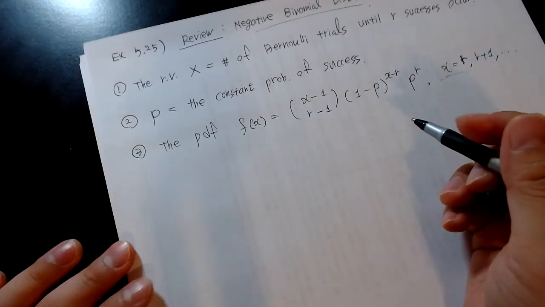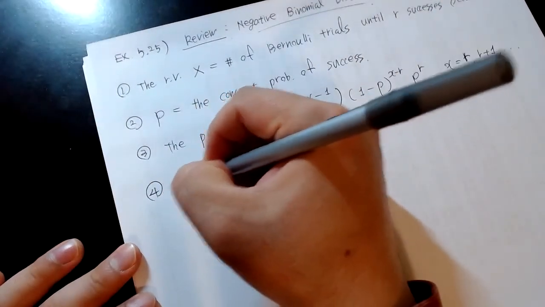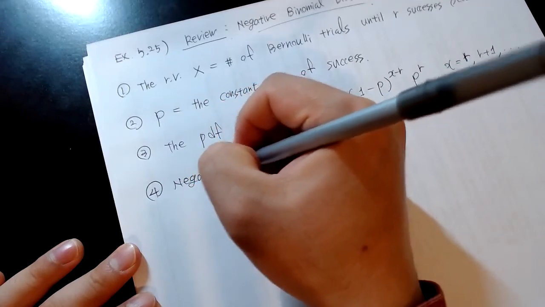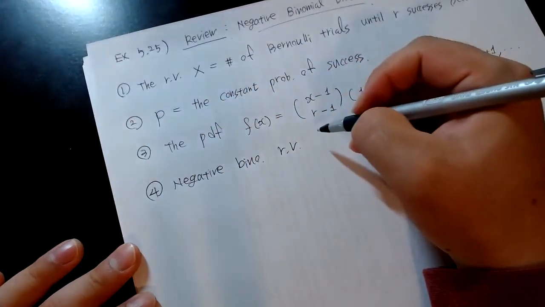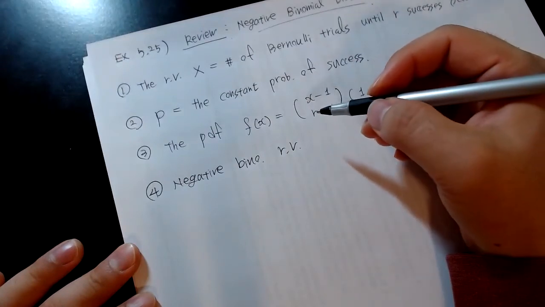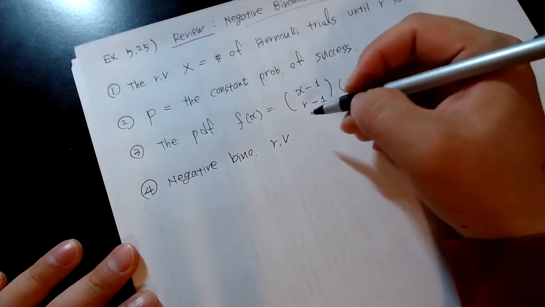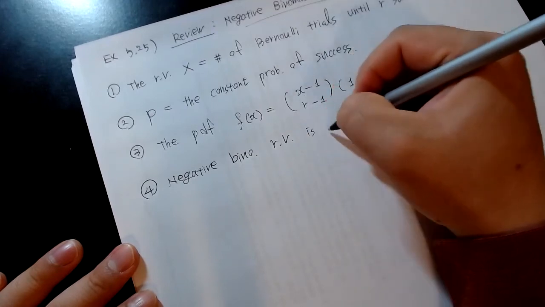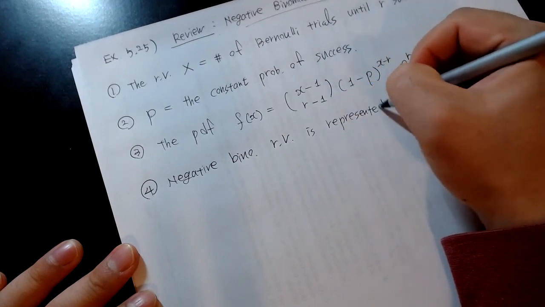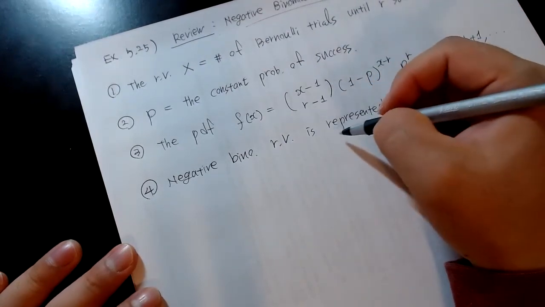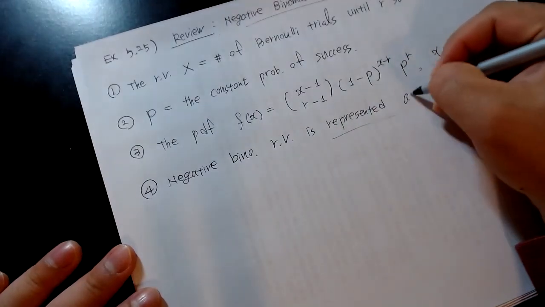Now the negative binomial random variable is represented as a sum of geometric random variables.